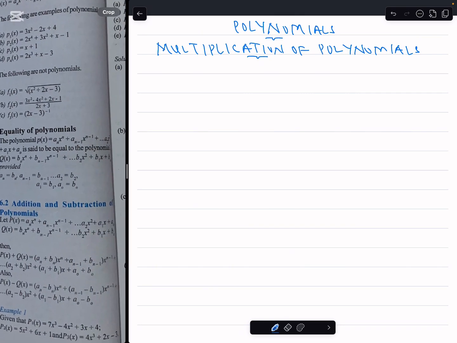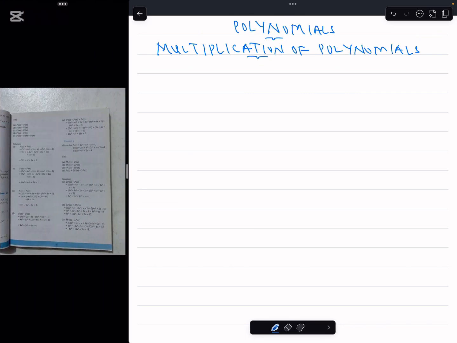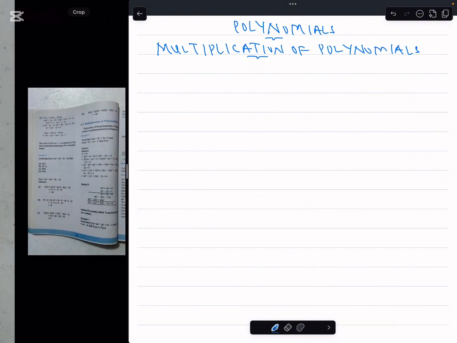Now let's see multiplication. Let's take a few examples.